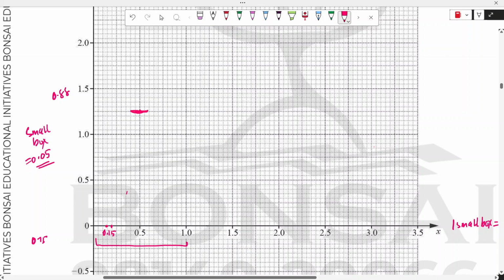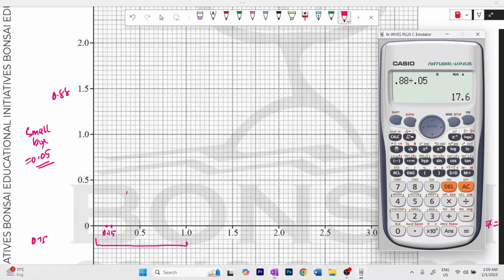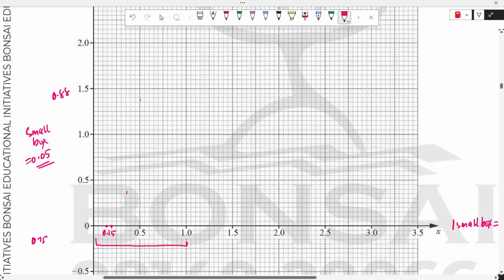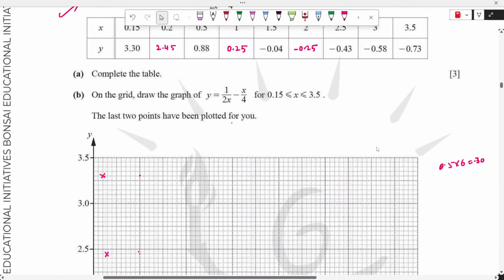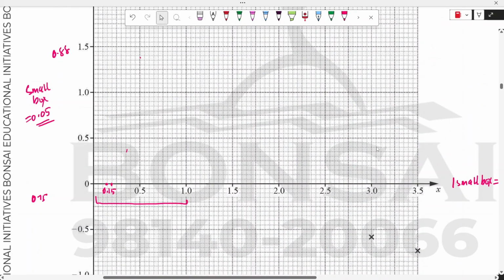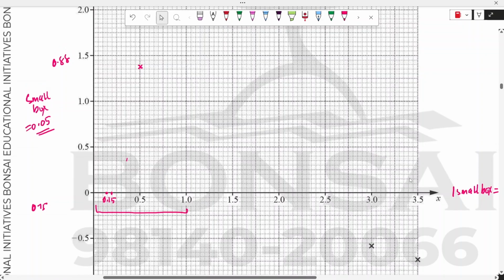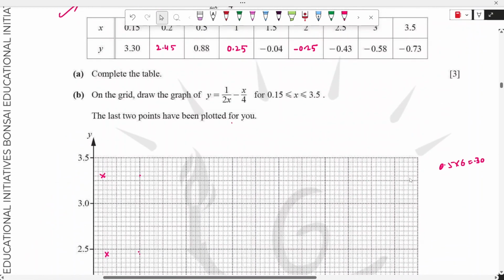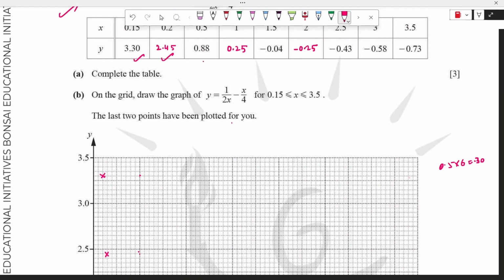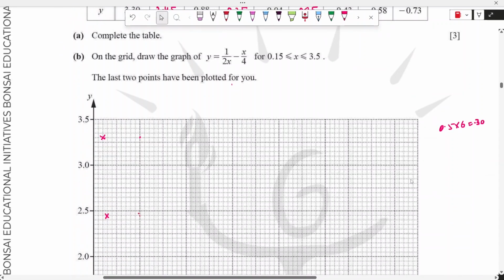Okay, this is 15 and you need to take 17.6. So 15, 16, 17 approximately here. So what is the X point here? 0.5 and 17 boxes. 15, 16, 17 and approximately here. Okay, so we plotted the second and third point.